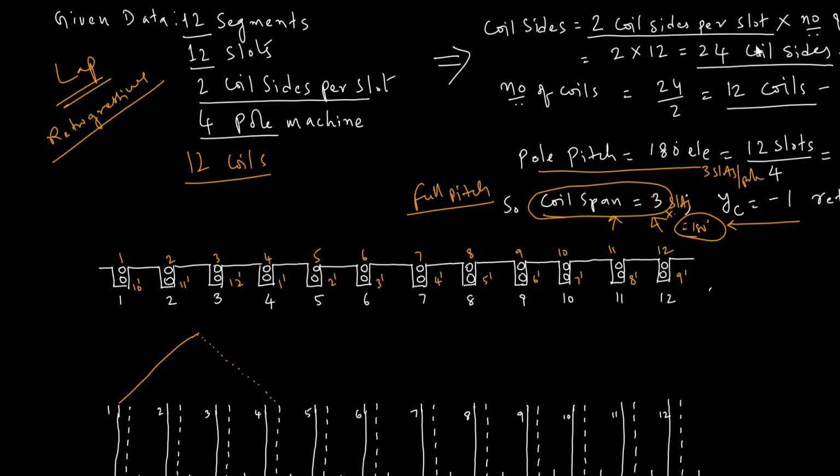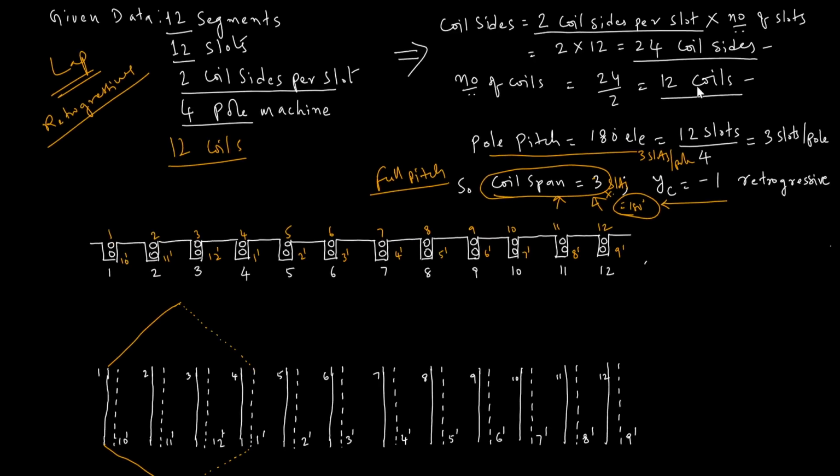Plus 1 is progressive and -1 is retrogressive. That means the end side of the coil is connected one commutator segment back of the starting connection.